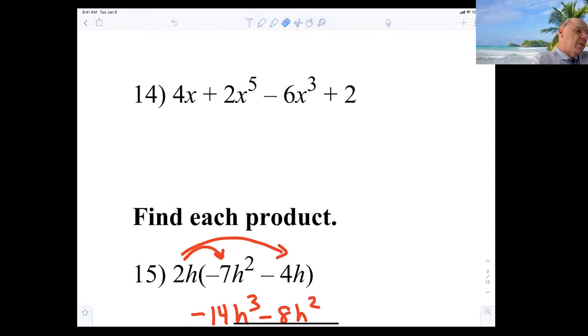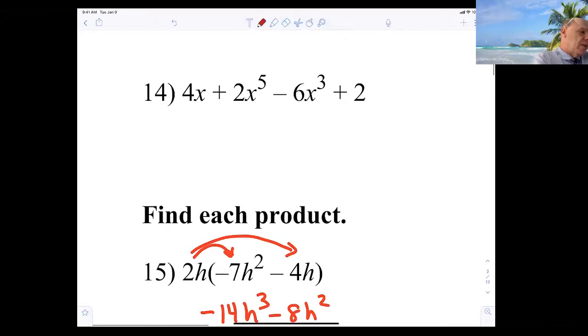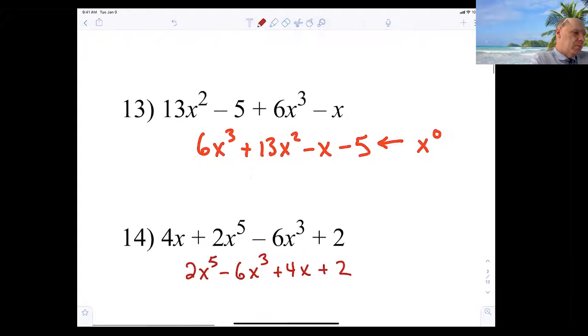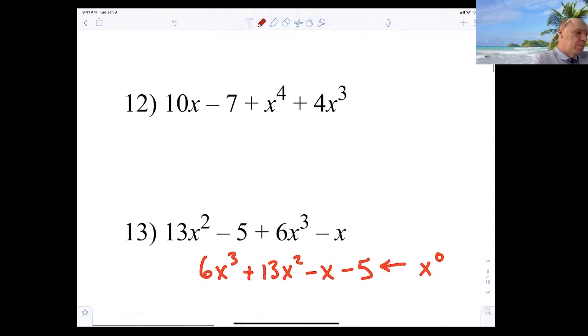And when you're writing in standard form, largest to smallest. 2x to the fifth minus 6x cubed plus 4x plus 2. X to the fourth plus 4x cubed plus 10x minus 7.